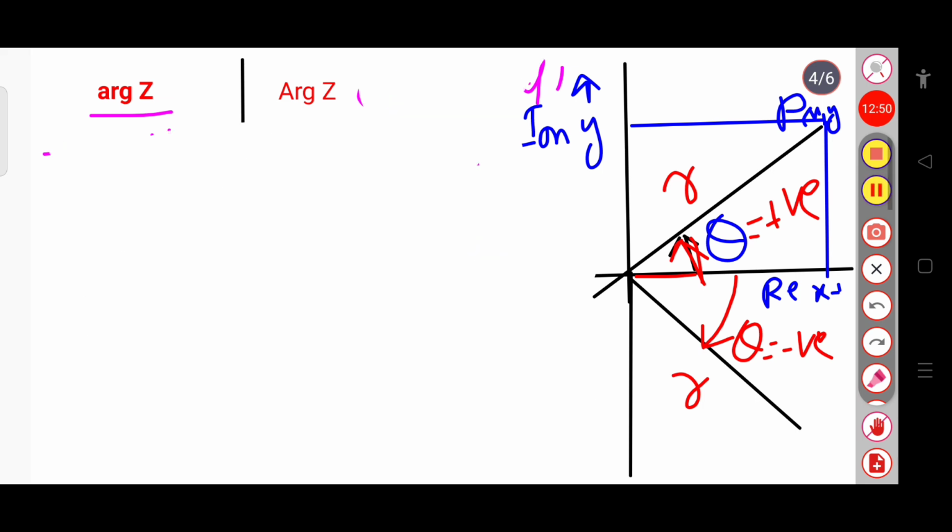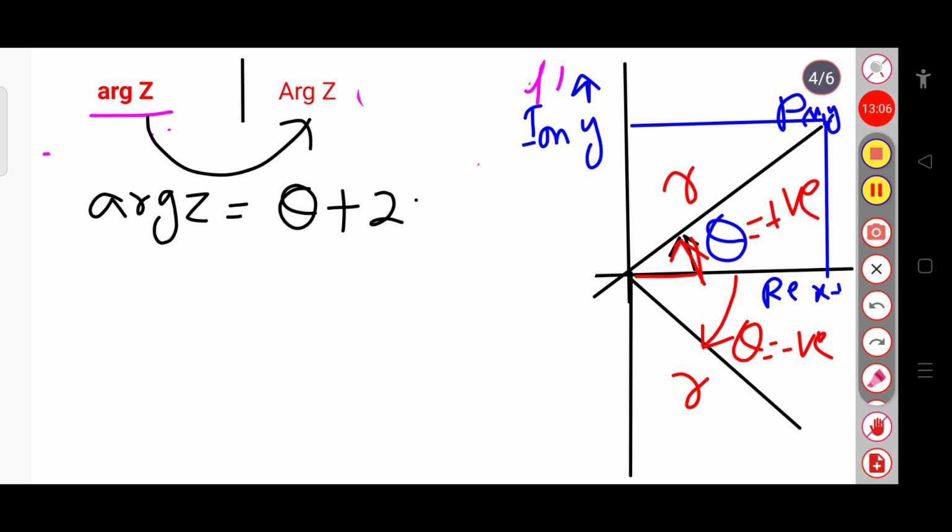Now let us see how we convert the small argument of z to the capital argument of z. We know the argument of z is theta plus 2n pi, where n equals 0, plus or minus 1, plus or minus 2 and so on.